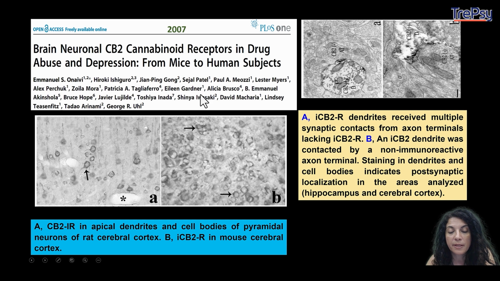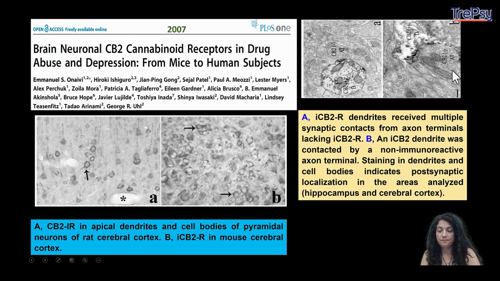And this group, the Alicia Brusco group, made this electron microscopy, and the CB2 receptor expressed in dendrites received multiple synaptic contacts from axon terminals. A CB2 positive dendrite was contacted by a non-immunoreactive axon terminal.